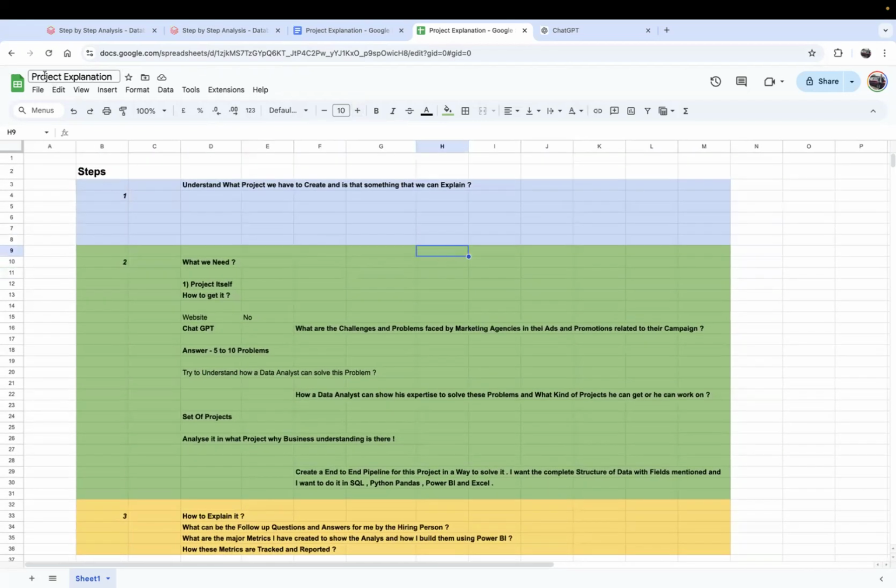So now these are the steps. Durgesh, so now this was one of the examples.